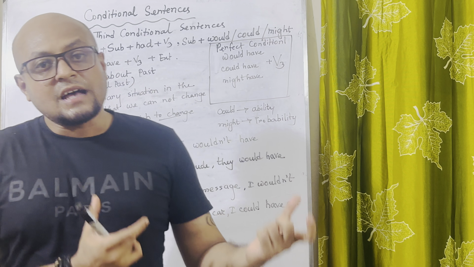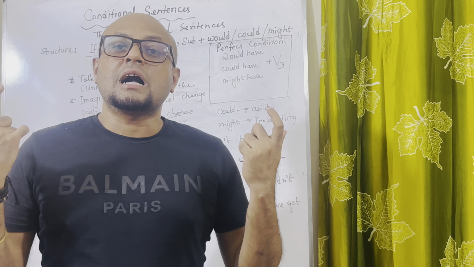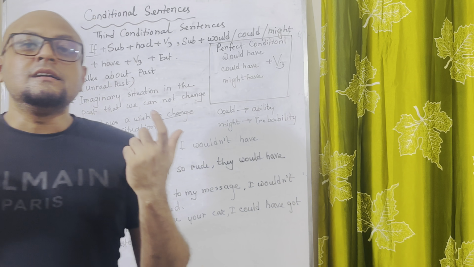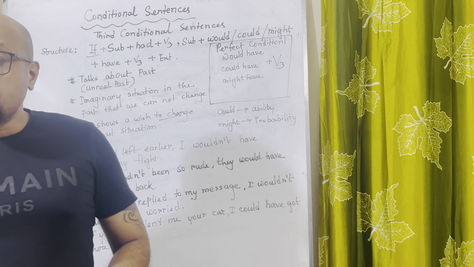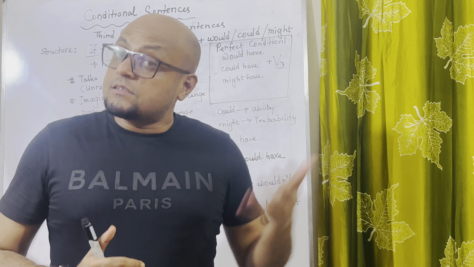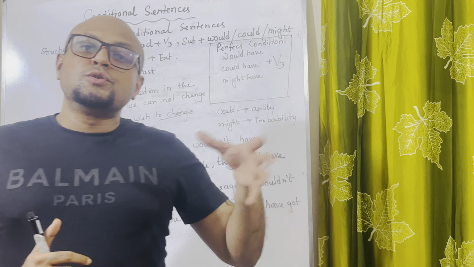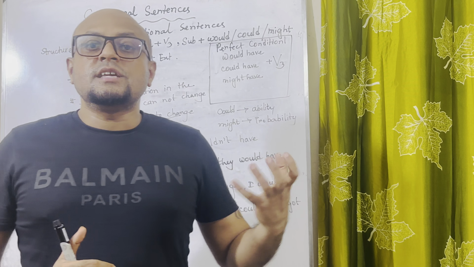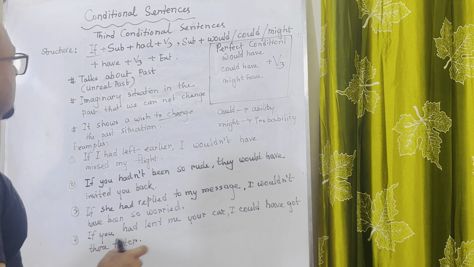As with other conditional sentences, this is also a type of complex sentence that is connected by the subordinating conjunction if. Like the other 2 conditional sentences, you can also use unless to make negative statements using third conditional sentences. So let's take a look at the structure.